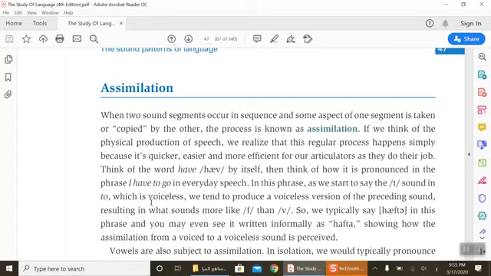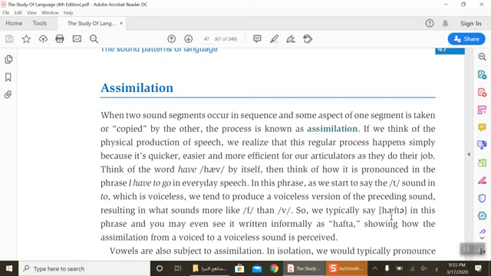In this phrase, as we start to say that T sound in to, which is voiceless, we tend to produce a voiceless version of the preceding sound, resulting in what sounds more like f than v. So we typically say hafta in this phrase. We have to go.